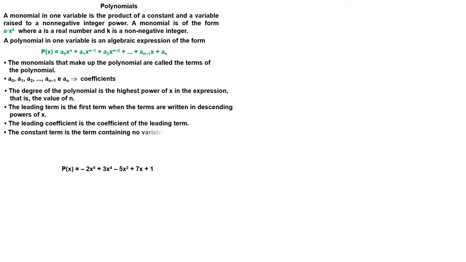The constant term is the term containing no variable. If a power of x is missing, it is because its coefficient is 0. We can rewrite the polynomial as follows.